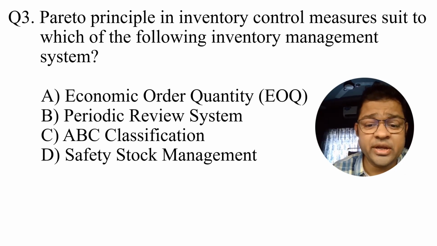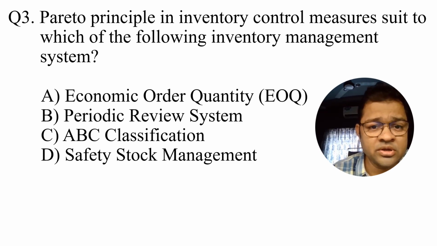The Pareto principle in inventory control measures suits which of the following inventory management systems? You know that out of the different types of control measures, I have already highlighted them in my previous video: ABC analysis, VED analysis, XYZ analysis, FSN analysis, and a number of other control measures.